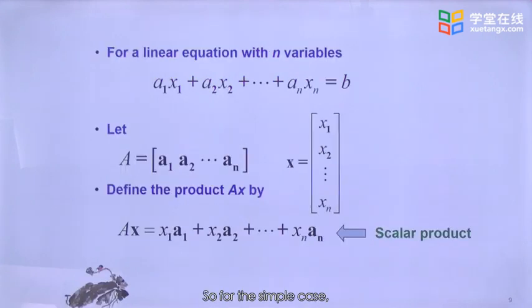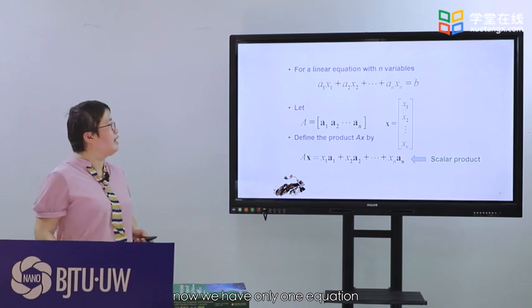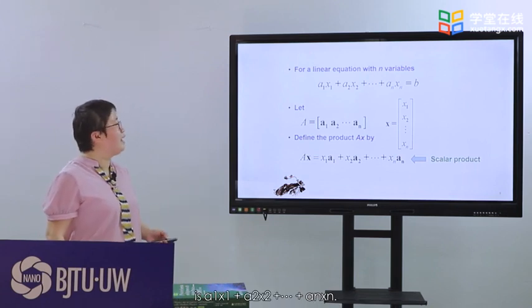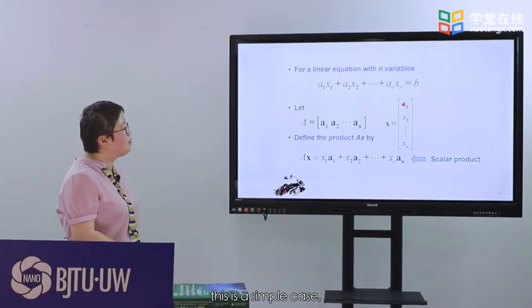So for the simple case, a linear equation with n variables, so now we have only one equation, it's a1 x1 plus a2 x2 plus and so on plus an xn, and this equals b. And this is a simple case, right?